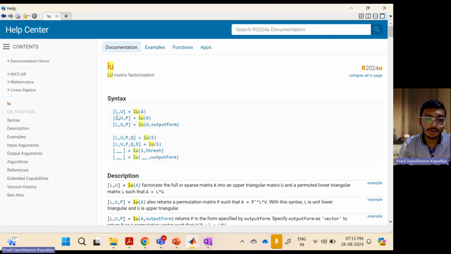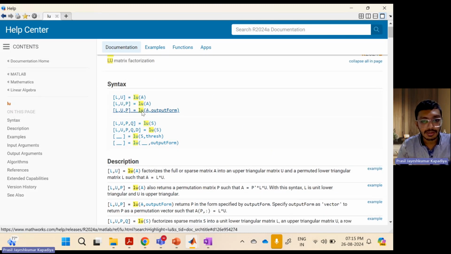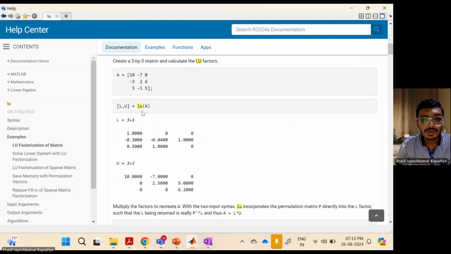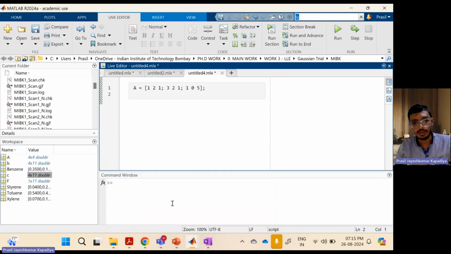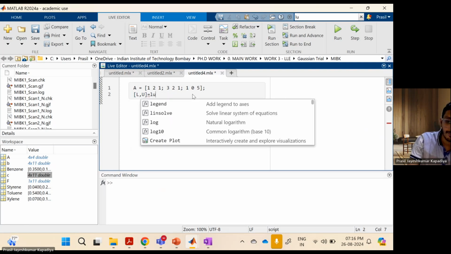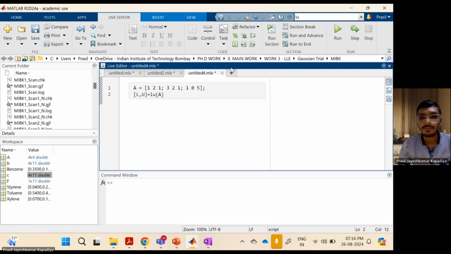So [L, U] is equal to lu of A. This is the lower triangular matrix, and this is the upper triangular matrix. I just need to write lu of A, and let's see what we're getting.